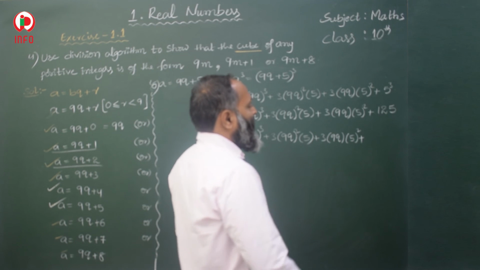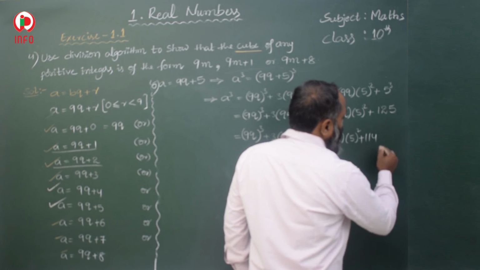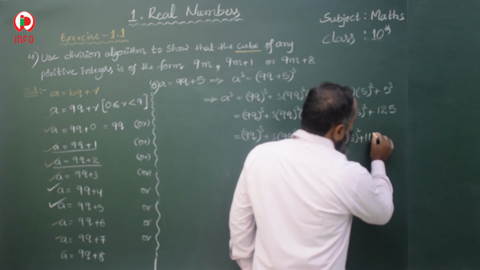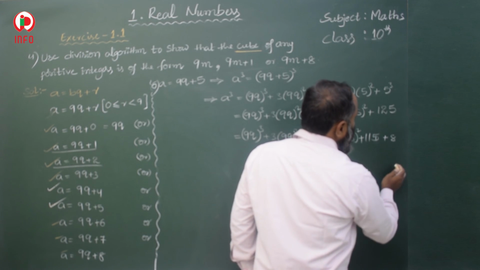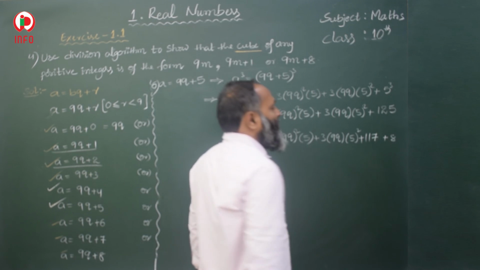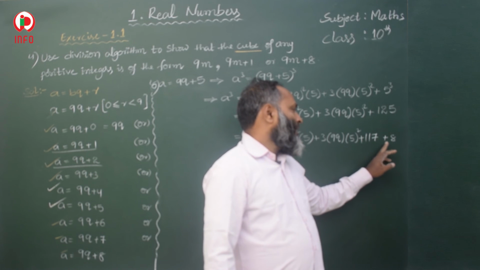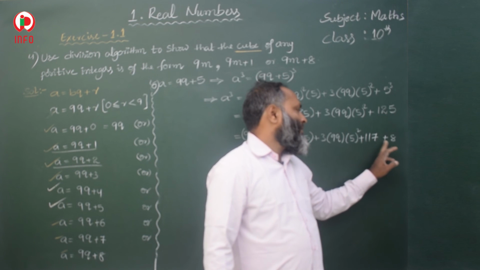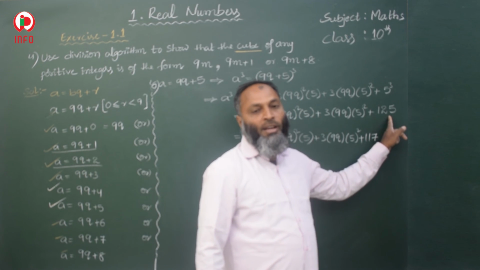Then how to split? 117 plus 8. We should take 117 plus 8, so 117 plus 8, that is 125. In this way we have to split 117 plus 8, that is 125.